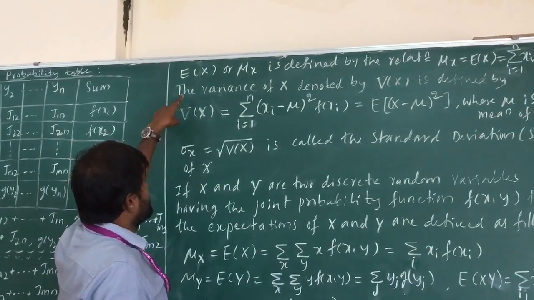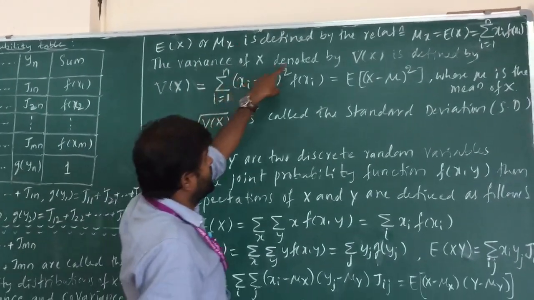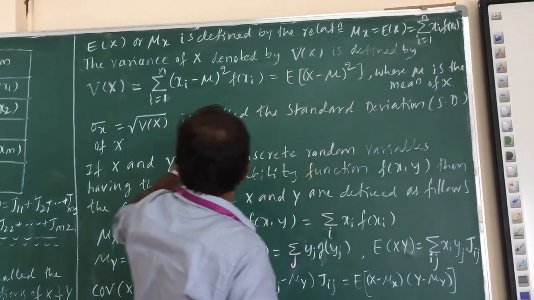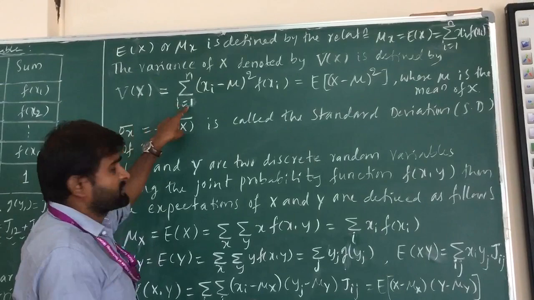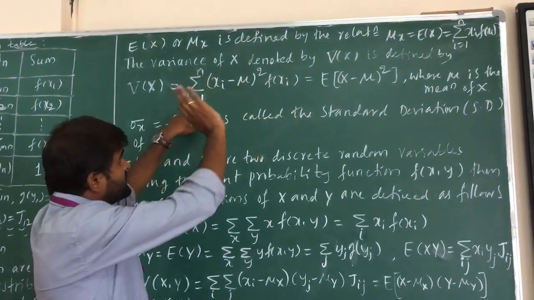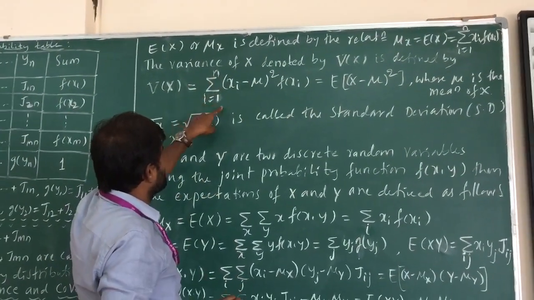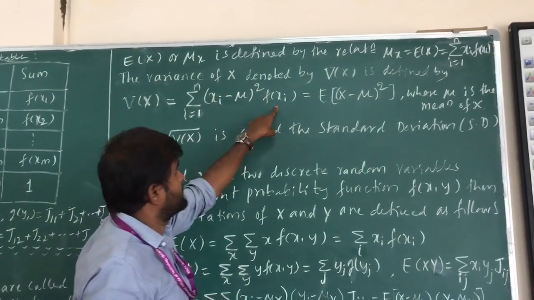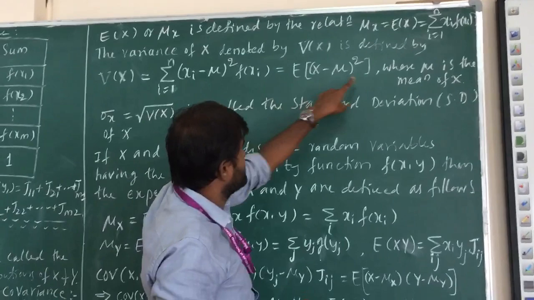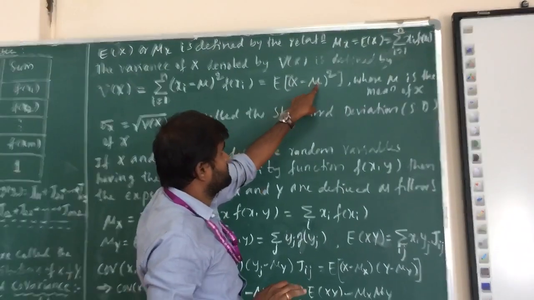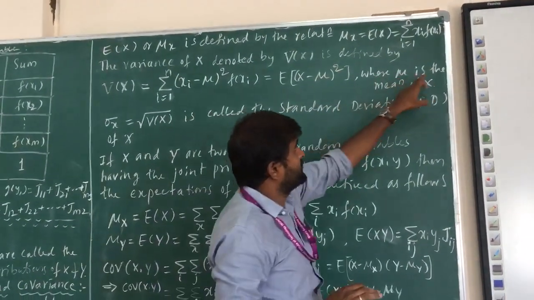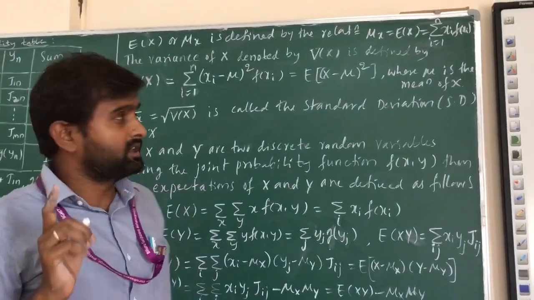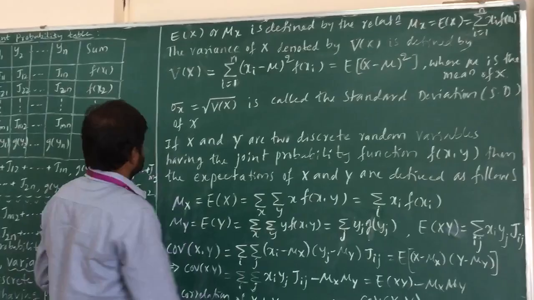Similarly, the variance of x, v of x, is defined as in the third module: the summation from i equal to 1 to n of (xi minus mu) whole square into f of xi, or equal to the expectation of (x minus mu) whole square, where mu is the mean of x.